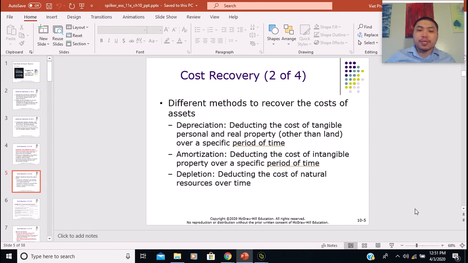Those are intangible assets, and usually they have a specific lifespan or useful life, so we amortize the cost during the useful life of the asset. And depletion is to recover the cost of natural resources.